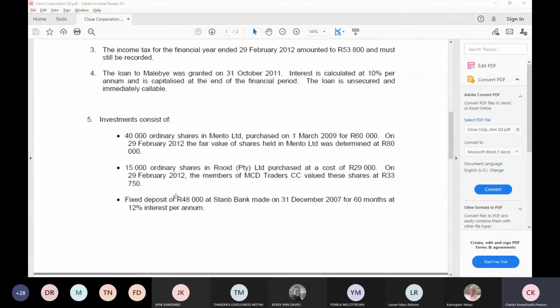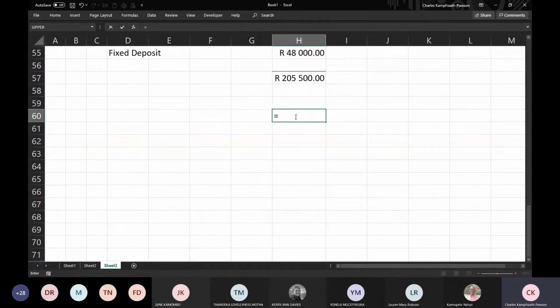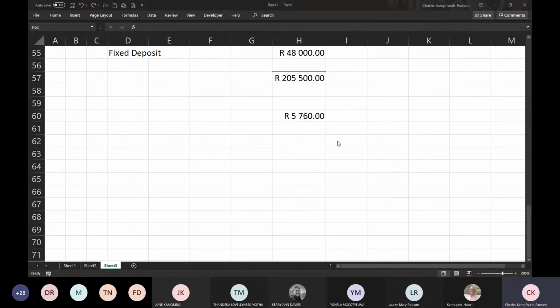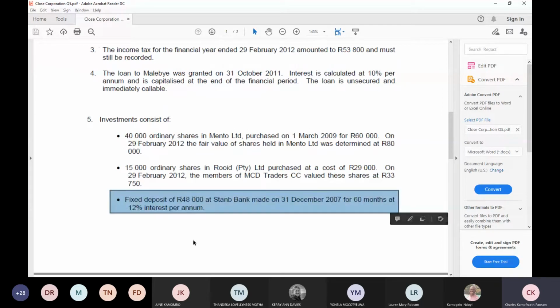So the 48,000, 12% on the 48,000, you will include that if they say it's not included. Then you'll just say it is the 48,000 times 12%. But at this stage, they don't say that it's not included, so I wouldn't include it. But it is something to look out for because you have to pay attention to the wording. Is that what you were talking about?